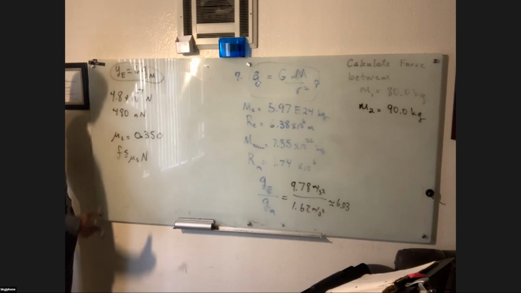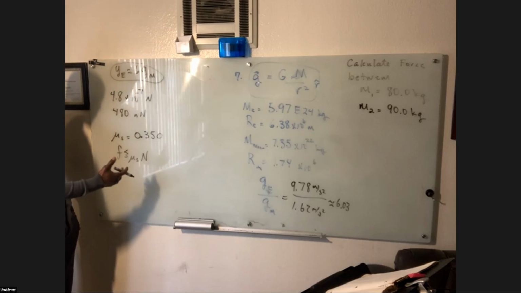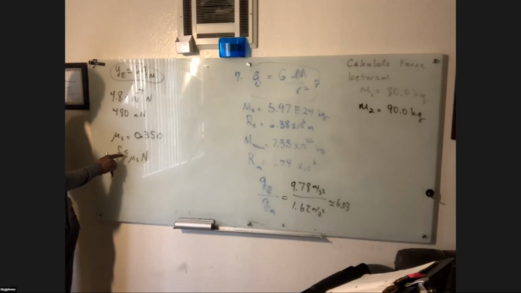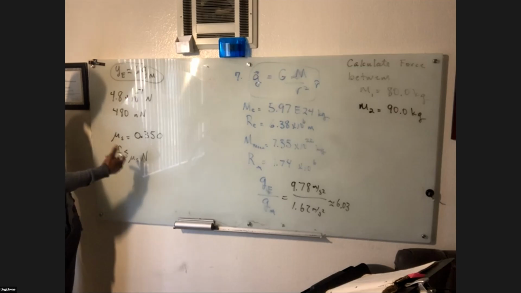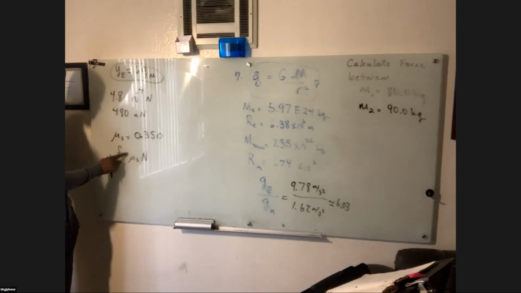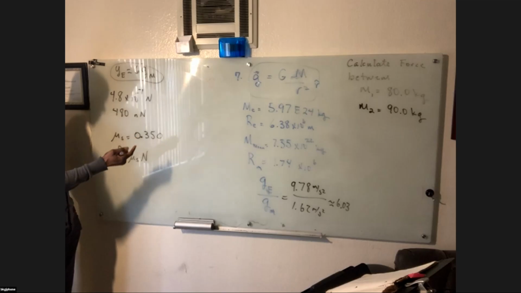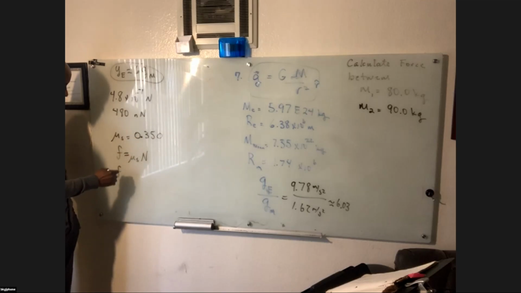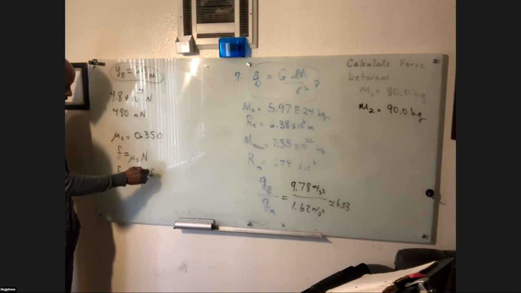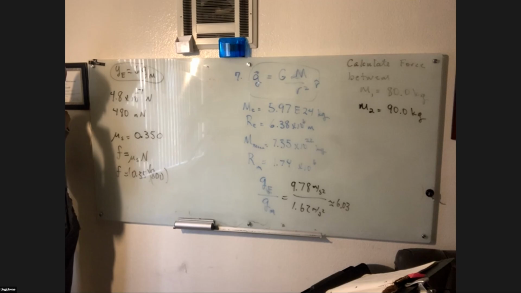We know that the frictional force is going to match, but the gravitational force has got to equal the maximum frictional force in order to overcome it. The maximum static frictional force on me is mu s times my weight, which is approximately 800 if my mass is 80. So the gravitational force has got to overcome 0.35 times 800, and clearly that's going to be much greater.